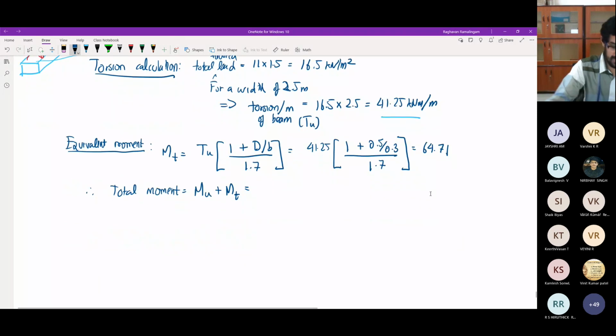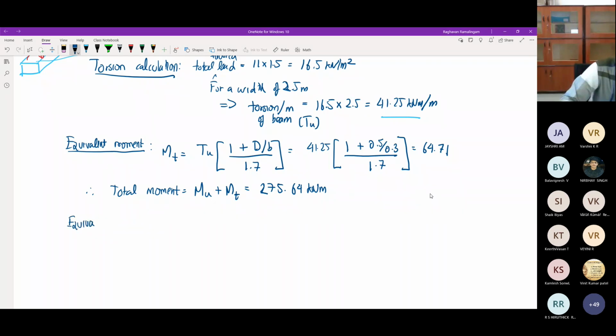Mt is 64.71. So what is the total? 275.64. So you have a reasonably good effect of torsion. The moment which you originally would have decided for is 200, but because of the torsion, you need to actually take 275.